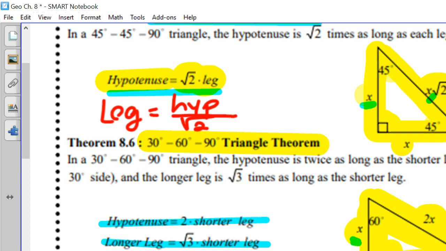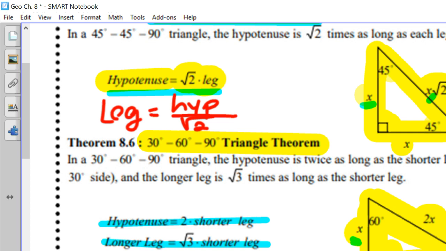So the relationship in the 45, 45, 90 is the √2. 30, 60, 90. 30 times 2 is 60. So one of the relationships is times 2. 30 times 3 is 90. So the other relationship is √3. Because my brain wraps around numbers like that, one of them is √2 and the other one is 2 and √3.